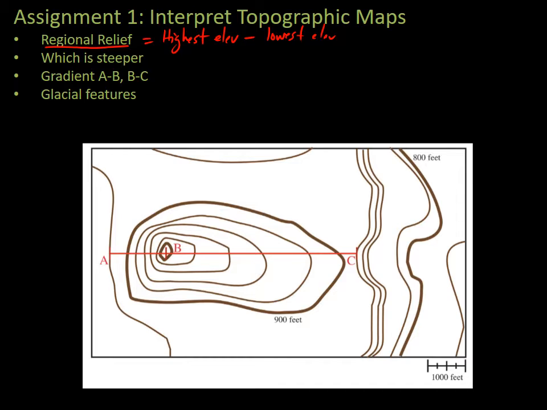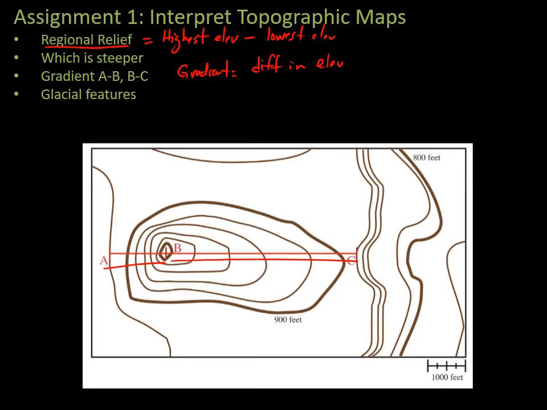You need to also take a look at the map and figure out which parts are steeper. In other words, you're going to be looking at from A to B versus B to C. Which parts are steeper and how do you know? Another calculation you'll have to do is the gradient between points A and B and between B and C. The gradient is a way to quantify how steep a portion of a landscape is. And the gradient is calculated between 2 points as the difference in elevation.